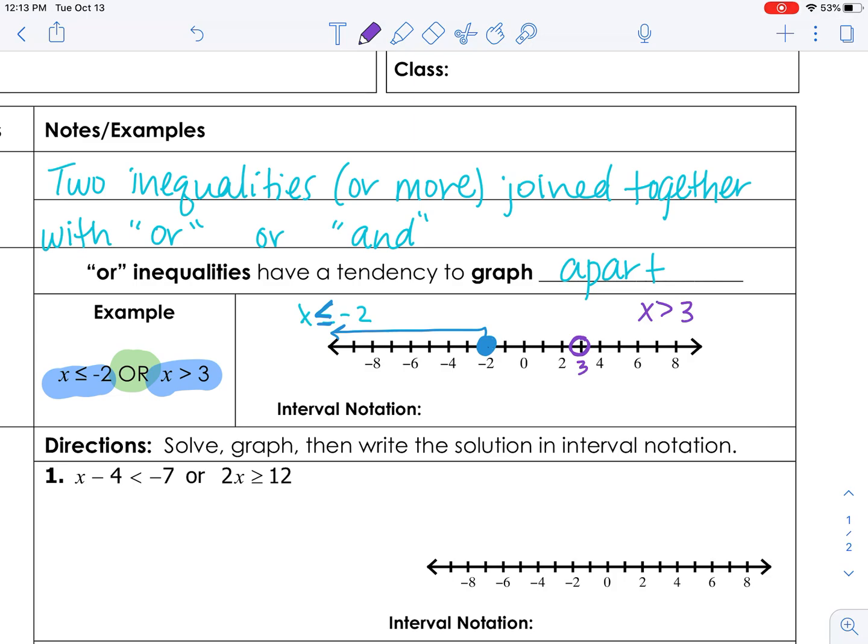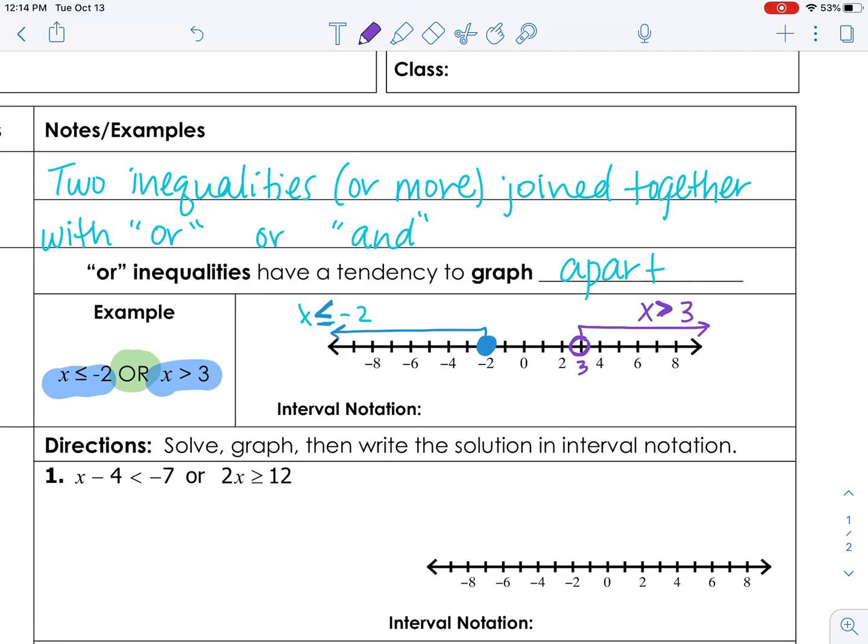The arrow is pointing to the right, so I'm going to draw my arrow going to the right. So what you've done here is graphed the OR compound inequality. Notice that our graph is apart from each other. There's this gap right here in the middle. Anytime we have an OR, they tend to graph apart, meaning that you'll have a gap in the middle of your graph.